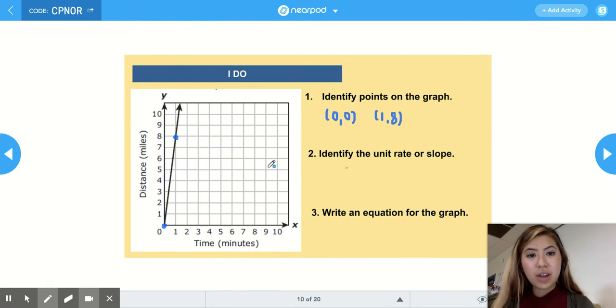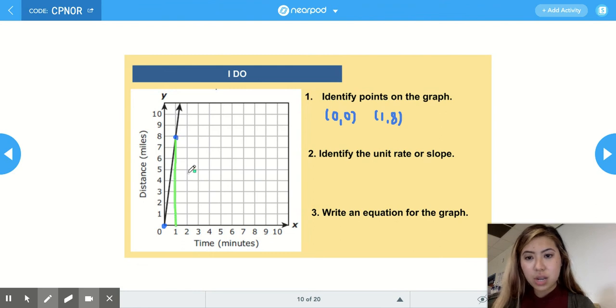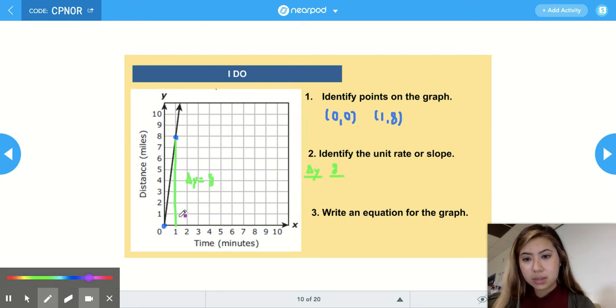And to identify the unit rate or slope, we have to figure out what the change in y is. So our change in y is going to be 8. So we have 8 over our change in x, which is 1.